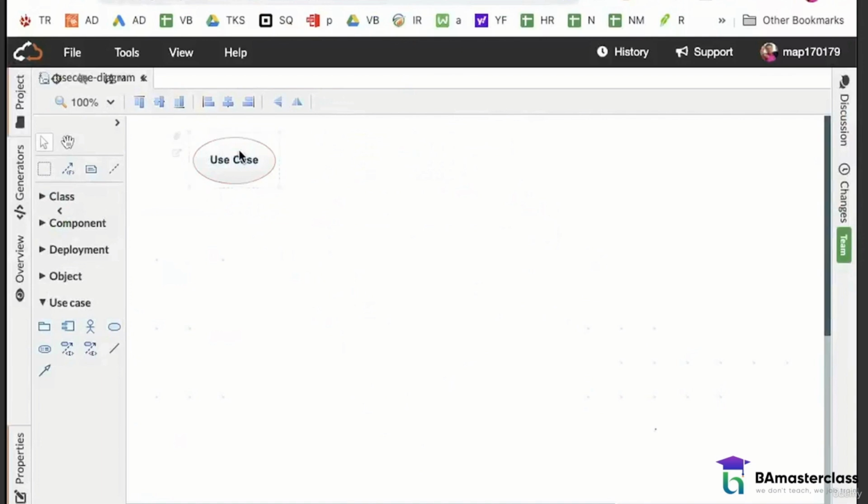If I want to show a login use case, I use an oval symbol and write down login. Whenever you want to show a use case, you use an oval and write the name of the use case inside. This is how we represent a use case in a diagram.